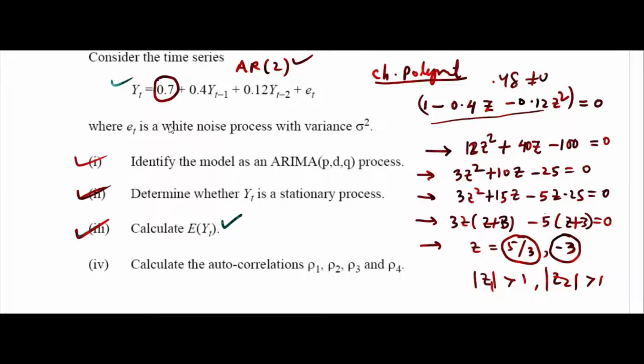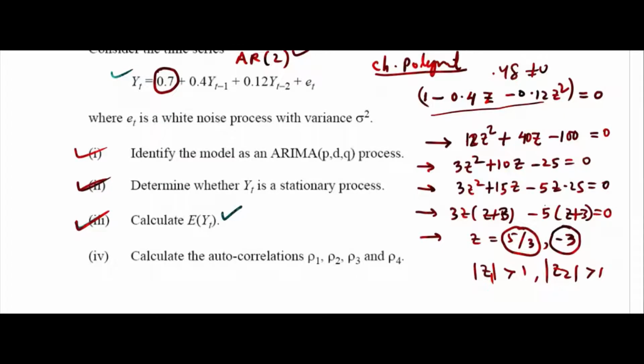It's not only AR2. AR2 is stationary. Remember, not all AR2 processes are stationary. Not all AR1 processes are stationary. This is something very important. That's why I am repeating, so that you will remember every time. An ARP process is not always stationary, and we'll see how you can know whether a process is stationary or not, whether a process is AR2 or AR1.